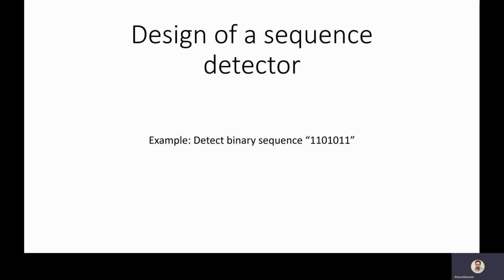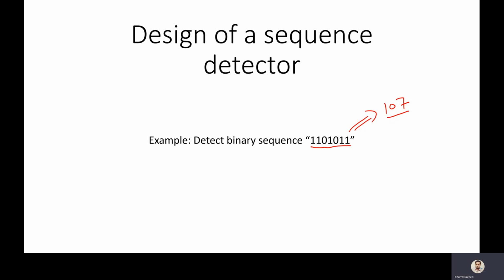We are going to solve an example that develops sequential circuits to detect this particular sequence. This sequence actually corresponds to the number 107, right?